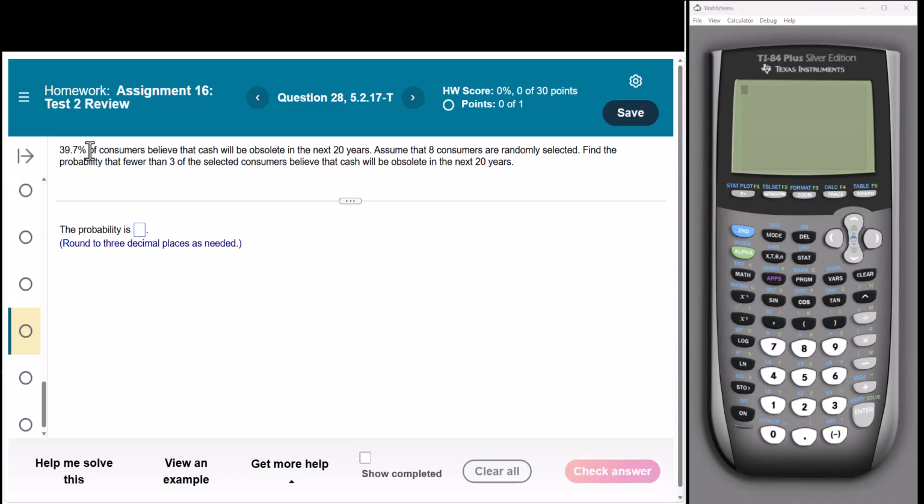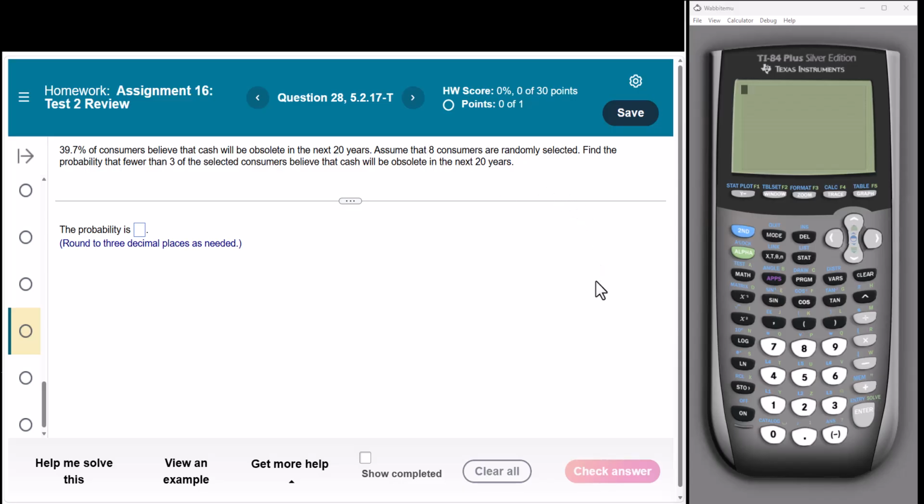Well, 39.7% is not your number of trials. I already discussed the 20 years is not the number of trials. And here we have assumed that 8 consumers are randomly selected. So this 8 is the number of trials. You're testing 8 people to see whether or not they fit into this category or not.